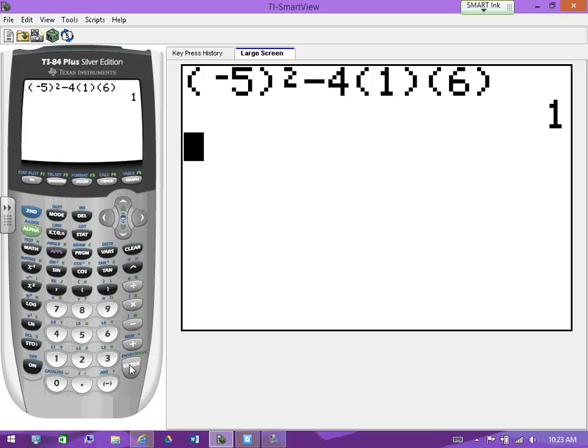This little thing that we did right here, if that comes out to be a positive number, you're going to have 2 answers to your problem. If it comes out to be 0, you're going to have 1 answer. If it comes out to be a negative number, you do not have an answer, because we cannot take the square root of a negative.